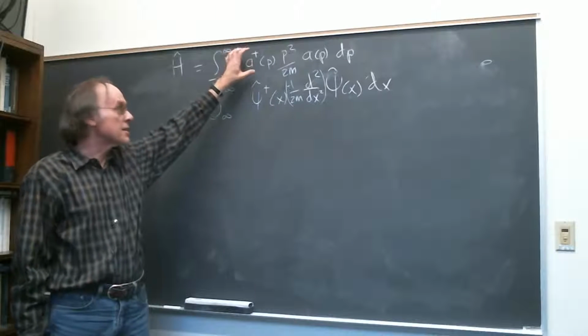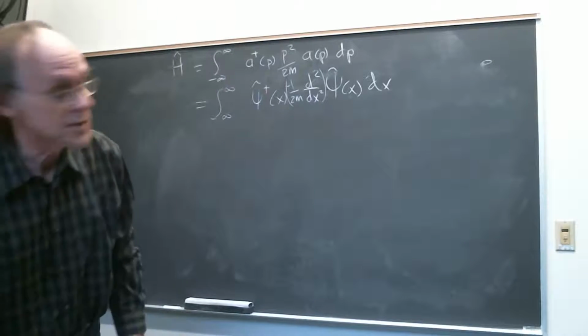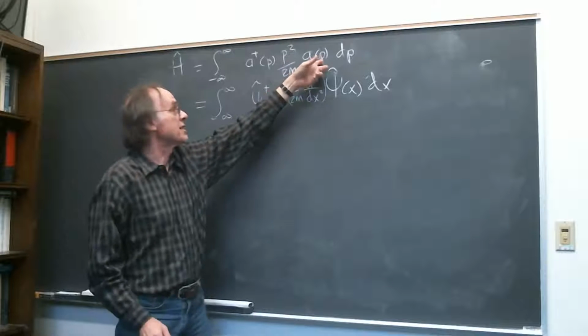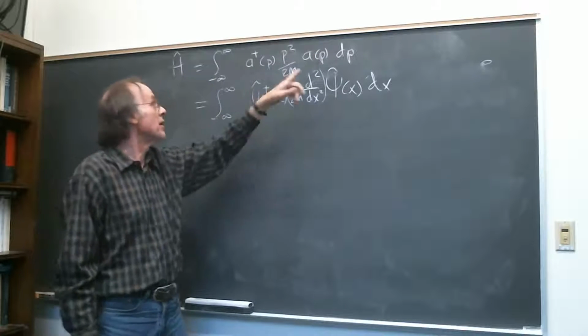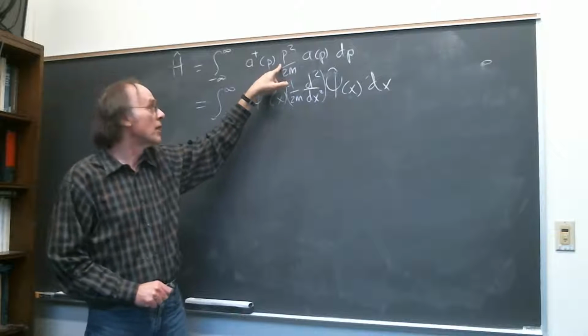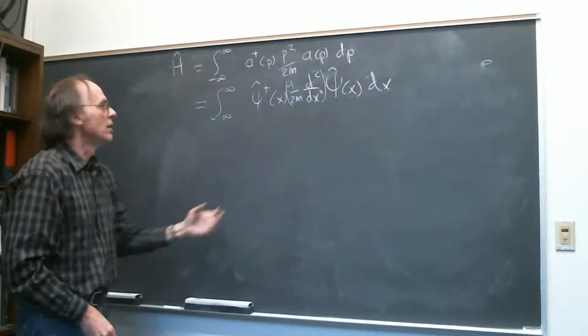This is a lot easier to understand physically. You're just counting the number of these nice momentum eigenstates, which are always going to be there, and weighting them by the energy. Here you're doing something funnier.